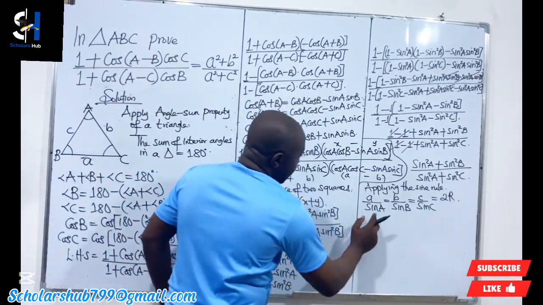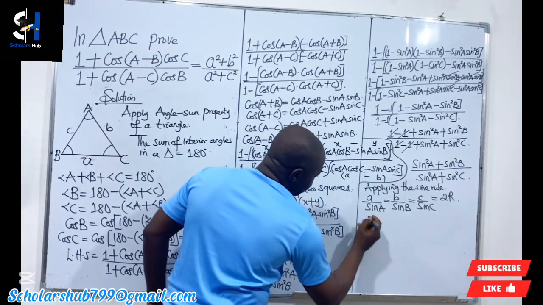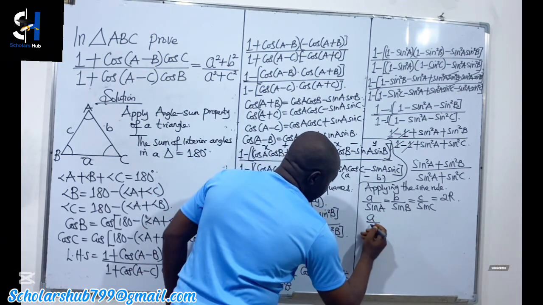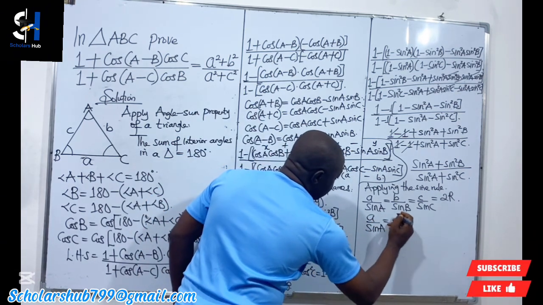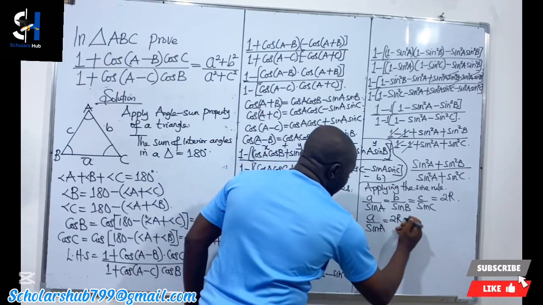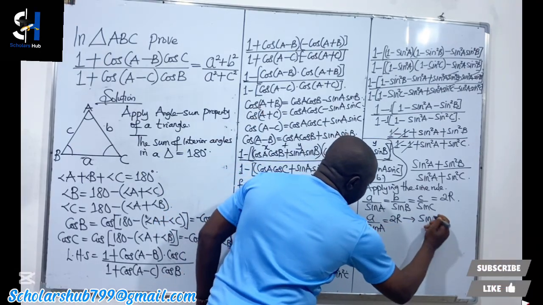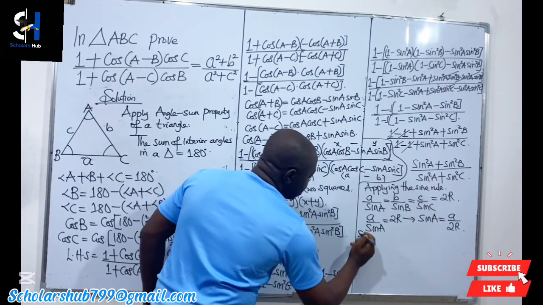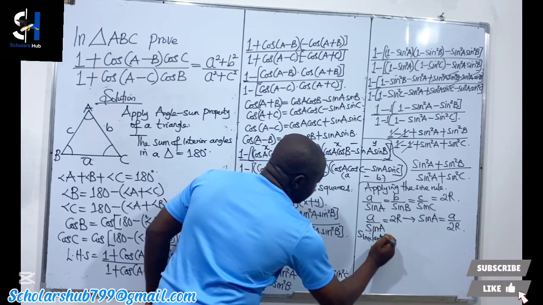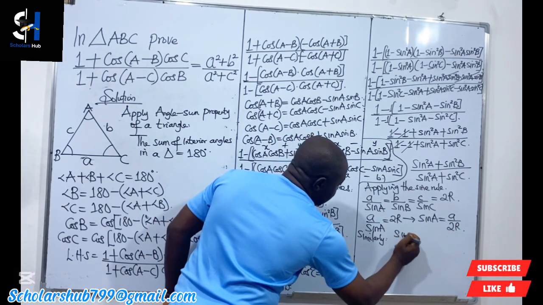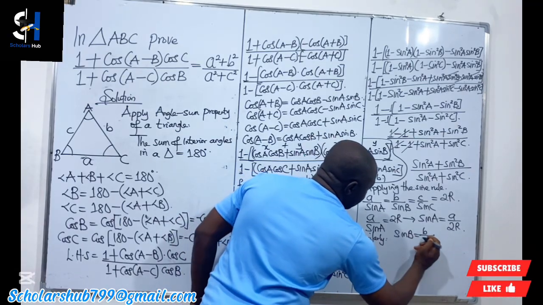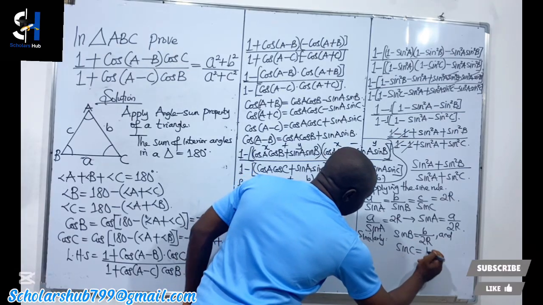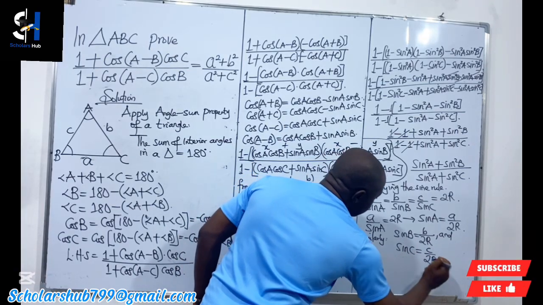So from here, now we have sine squared A. Now let's say I want to write an expression for sine A. So I'm going to equate a over sine A equals 2R, and sine A will be equal to a over 2R. So similarly, sine B will be equal to b over 2R, and sine C will be equal to c over 2R.